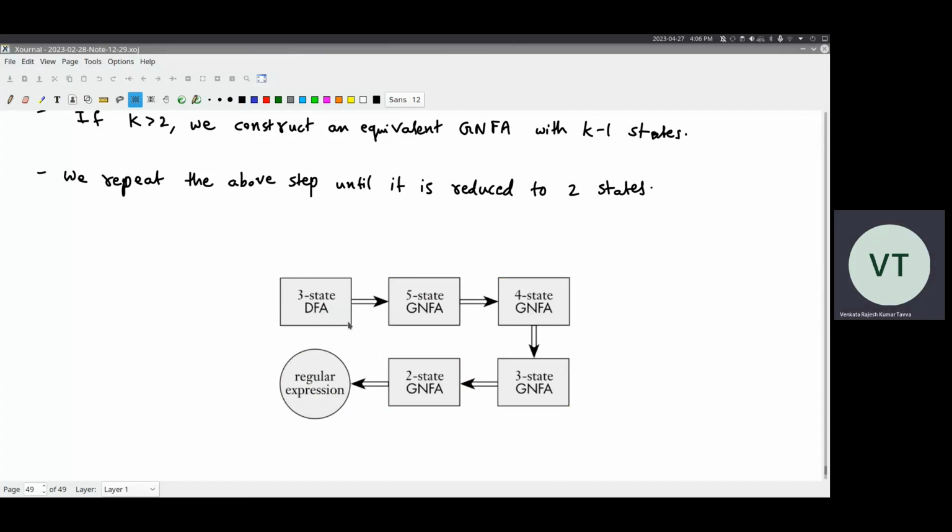Suppose you start with a 3-state DFA. You will add a new start state and a new accept state, so you'll get a 5-state GNFA. Now you will reduce this 5-state GNFA one state at a time: to a 4-state GNFA, then 3-state, then 2-state, and you will stop there. Whatever is the regular expression on this 2-state GNFA, that is the equivalent regular expression. That's all. This is just an example.